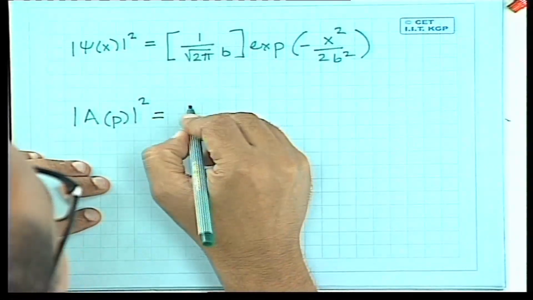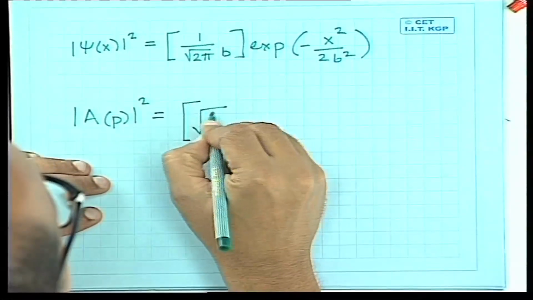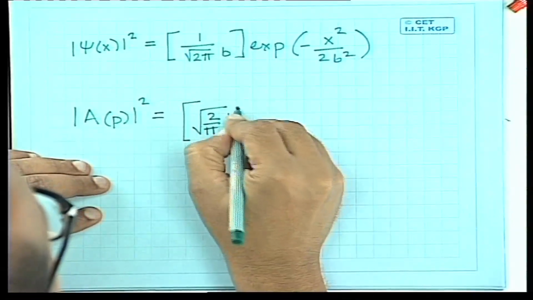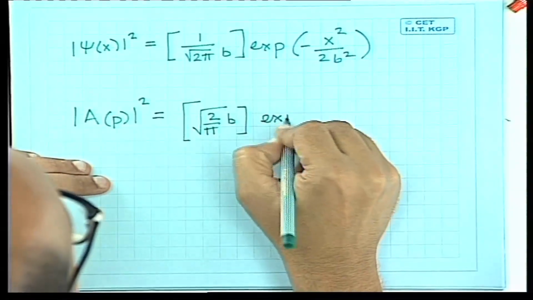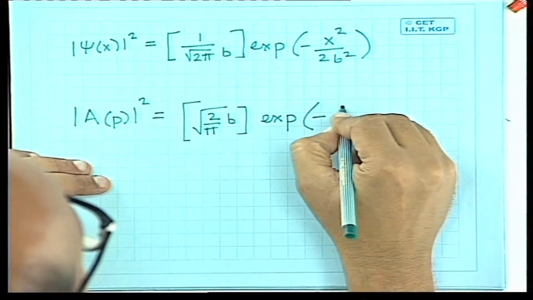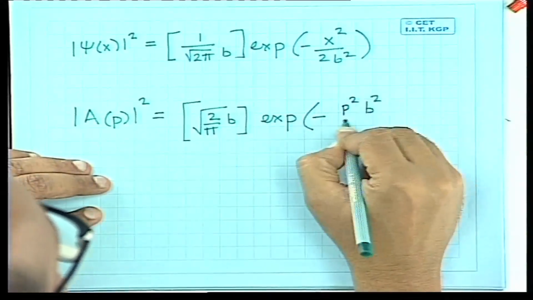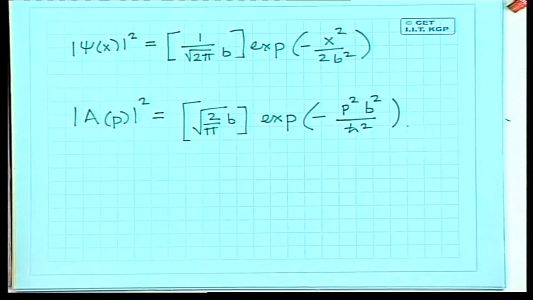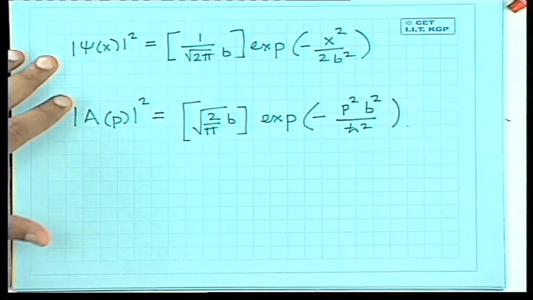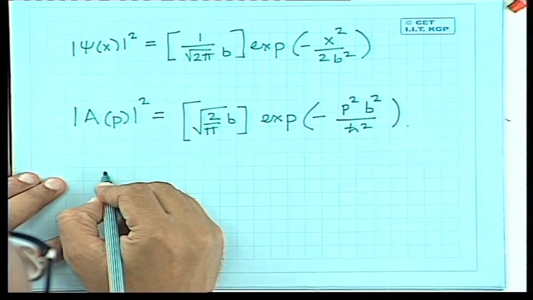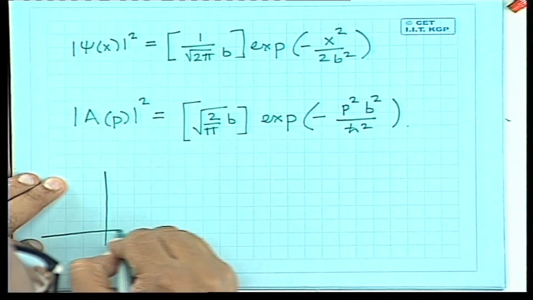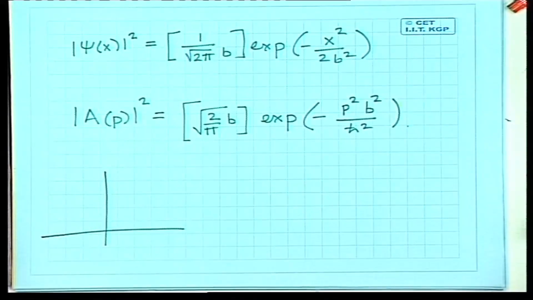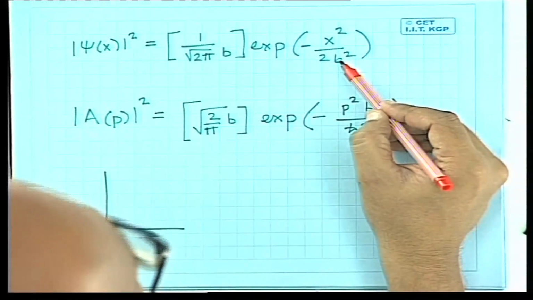This is now, so the position of the particle, or the probability of getting the particle at some point, is given by a Gaussian whose spread is defined by this b.